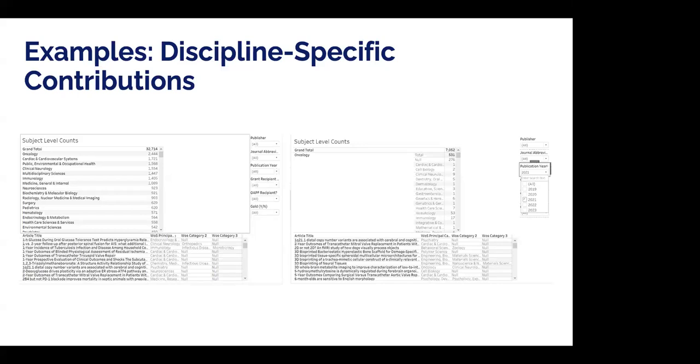And at the bottom, just to orient you, you'll see in that similar table format, the first column is the Web of Science principal category, and then you see the second and the third, and you see a bunch of nulls there. And that's because data aren't perfect, and there are many instances where just the principal category is what's entered into the record.